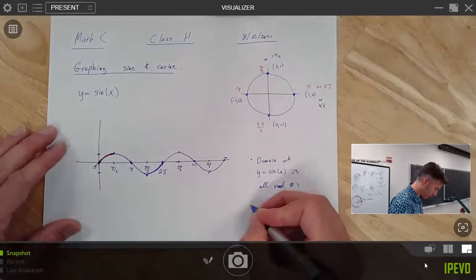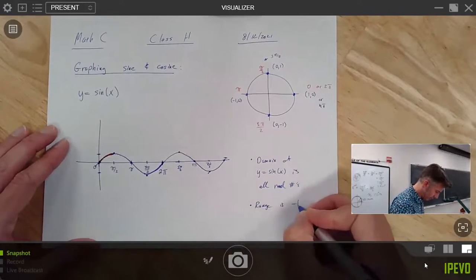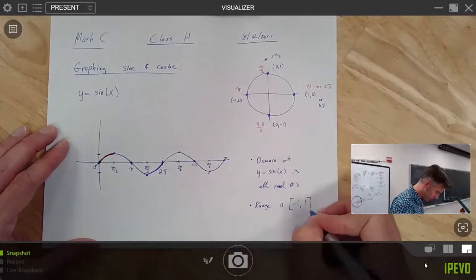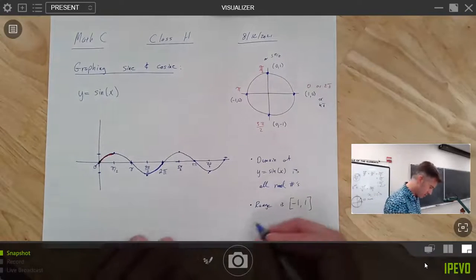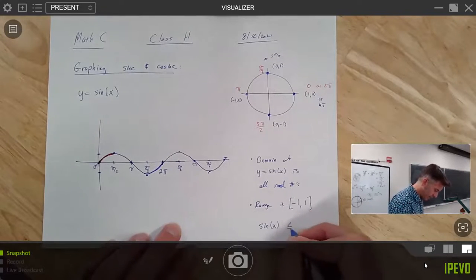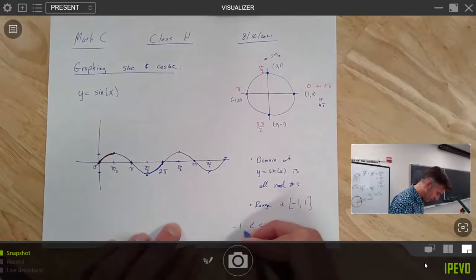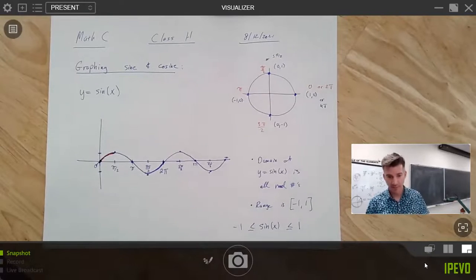And more importantly, the range is -1 to 1. It is always true that no matter what angle you're taking sine of, that value is between -1 and 1, 100% of the time.